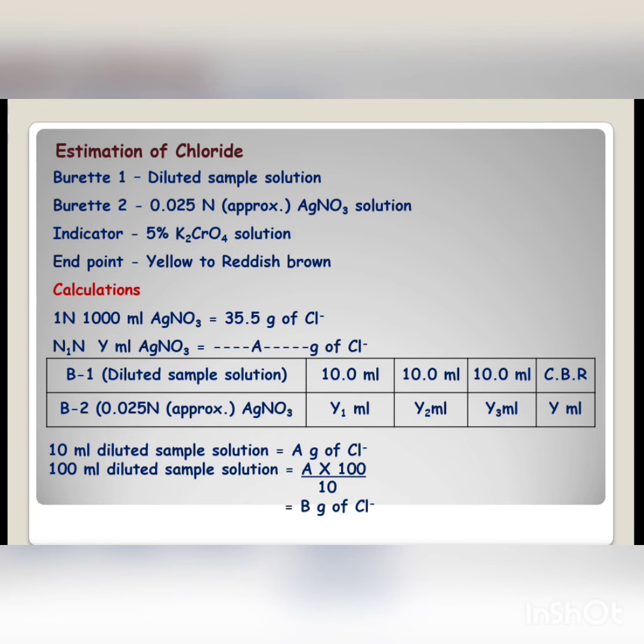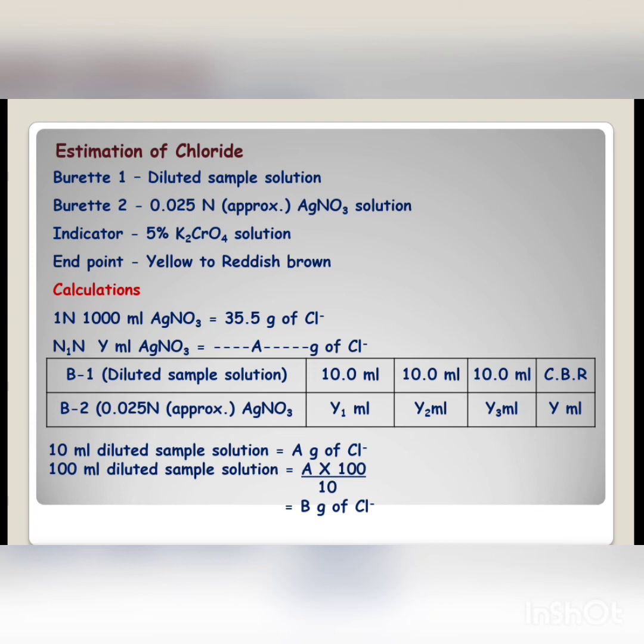here a standard equation: 1 normal 1000 ml silver nitrate corresponds to 35.5 gram of chloride, Cl minus. Now why have we used 35.5 here? This is nothing but the atomic weight of chloride.